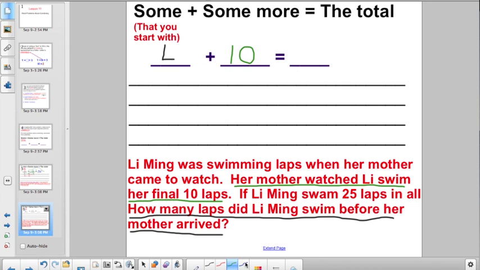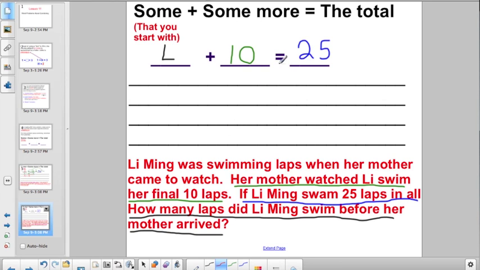And here we have Li Ming swimming 25 laps, and here's your clue word, in all. That's the total, all together. So here's what your equation looks like: L plus 10 equals 25.